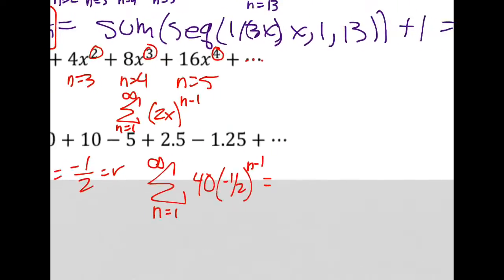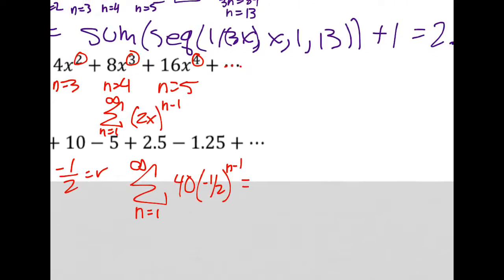And I can calculate this sum because it will be the infinite sum of a geometric sequence when r is between negative 1 and positive 1. So we can use our infinite summation formula, S of infinity equals first term divided by 1 minus my common ratio.